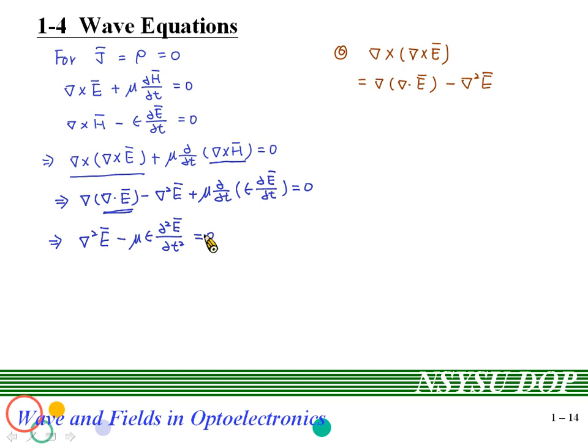Following the same process, you can derive the wave equation for H and have Laplacian H minus mu epsilon partial square H over partial t square is 0.